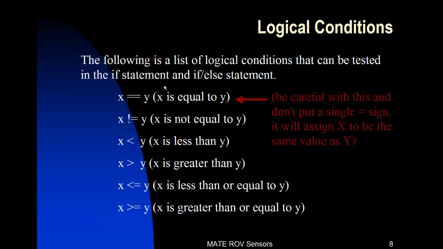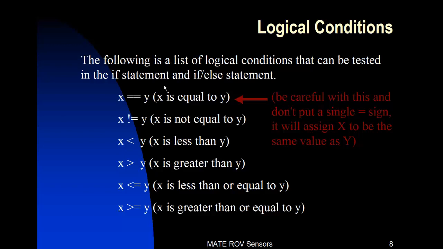Here are some logical conditions that you can use when you're testing. X equal to Y. Notice here you have a double equal sign, and be careful with this. If you put one equal sign in there, the code will assign X to be equal to Y, and your code will not work like you expect it to at all. So be careful with the double equal. It's very easy to miss that double equal and to put a single equal sign.